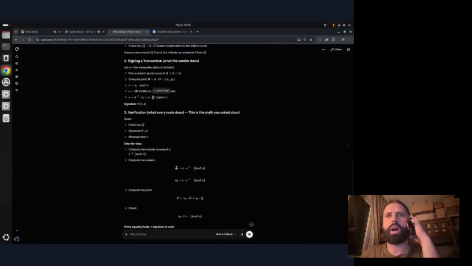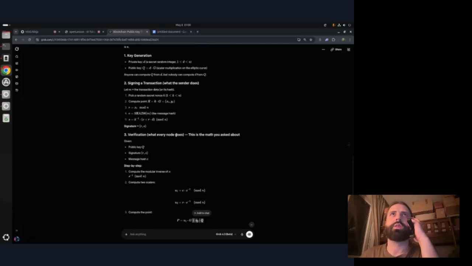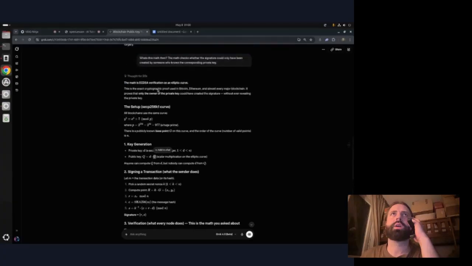You compute these two scalars, which is E and the inverse of S. This guy here. Then U2, which is R and the inverse of S. Then you compute a point, which is basically using this linear combination of G, which is the known thing.